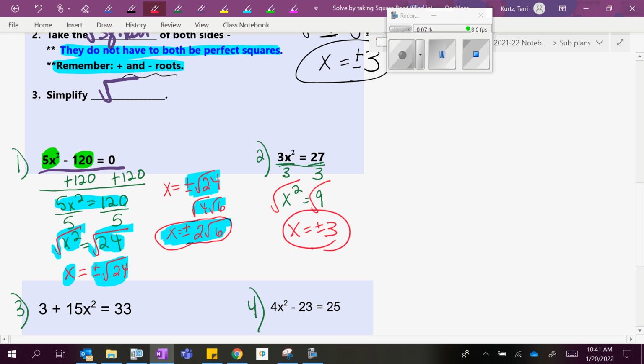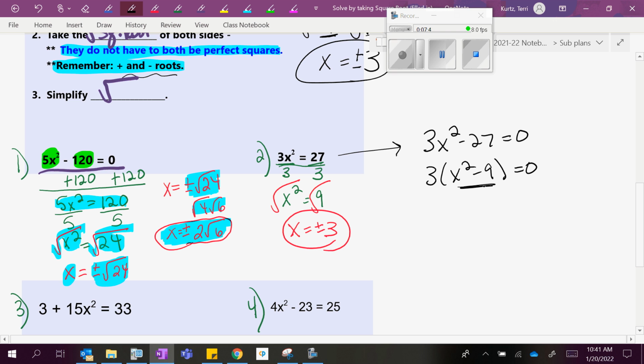Now, some of you may be saying, whoa, Mrs. Kurtz, we did something very similar to this last class where we used difference of squares factoring. And yes, you absolutely are right. We could use that on this one. In other words, I think we did this exact problem last class. What we did was we set it equal to 0. Excuse me, we took out a GCF.